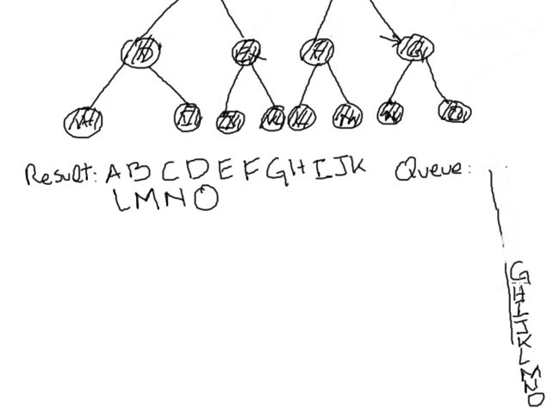So we're going to get rid of G from our queue. The pointer will go to H.